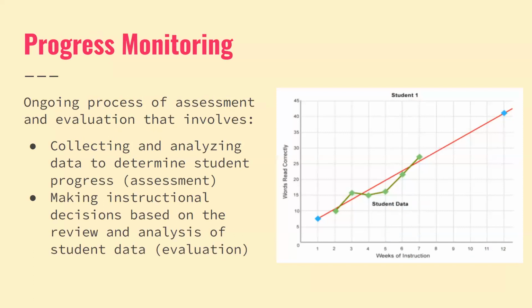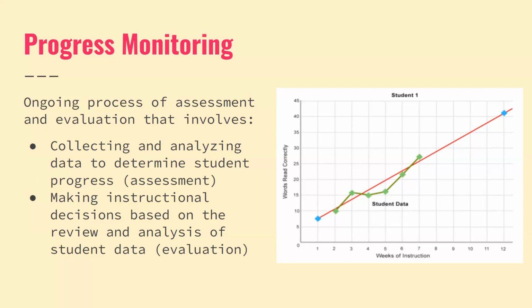Now that we've defined some of those terms, let's talk specifically about progress monitoring. Progress monitoring is an ongoing process of assessment and evaluation that involves 2 main components: collecting and analyzing data to determine student progress, which we know is assessment, and making instructional decisions based on the review and analysis of student data, which we know as evaluation.